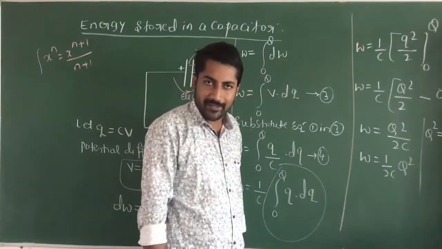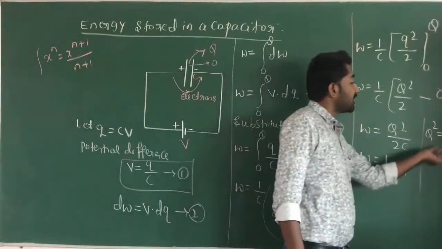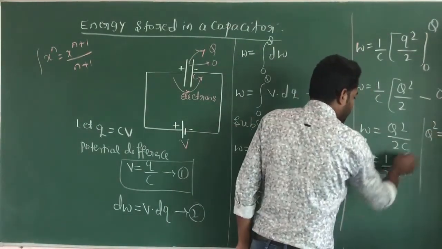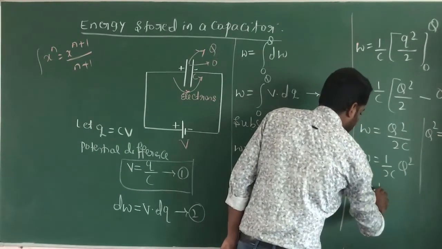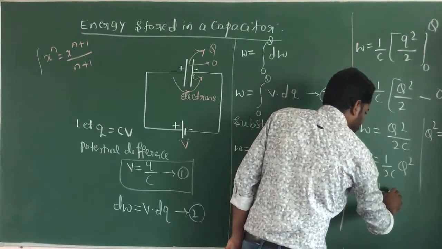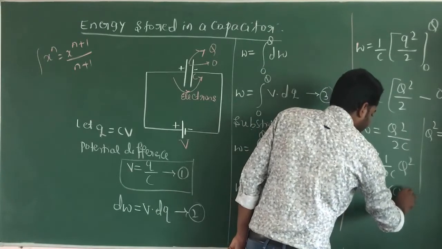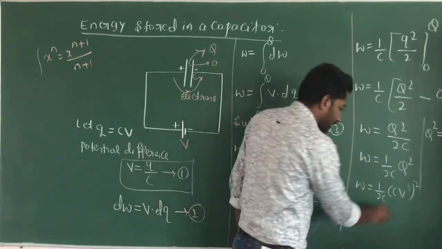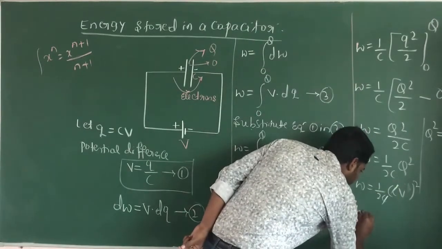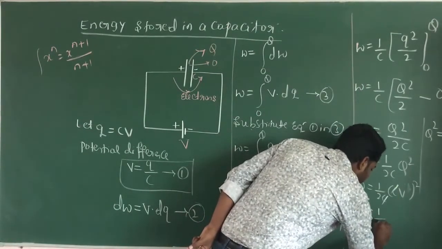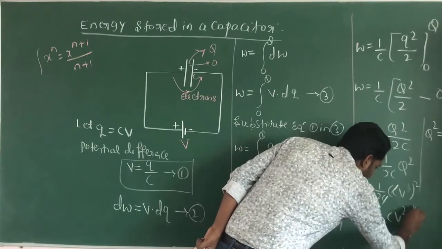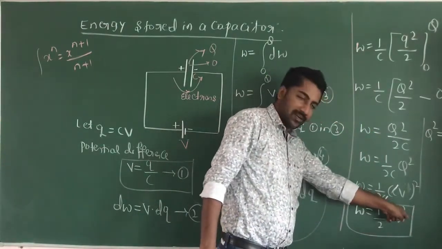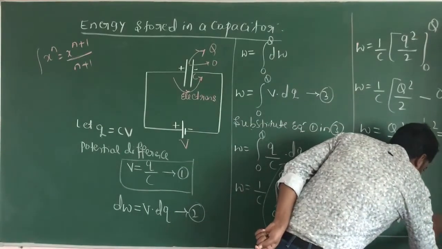Using this equation, W is equal to 1 divided by 2 into C and CV whole square. C and C get cancelled. We get W is equal to 1 by 2 C into V square, which is equal to U.